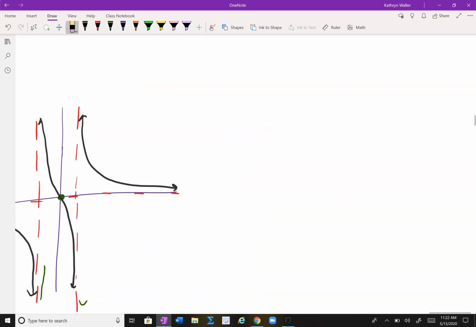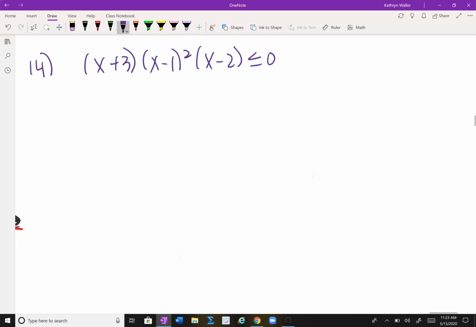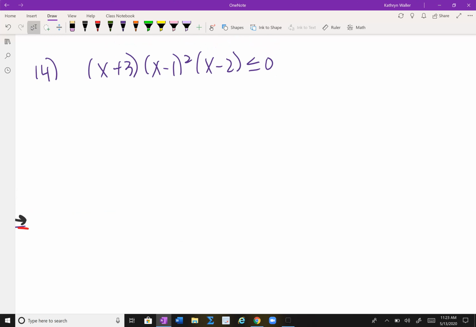Here's 14. Okay, so sketch this on a number line and write it in interval form. So this is critical numbers type 1.